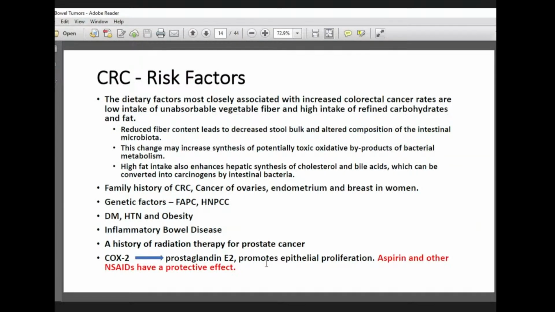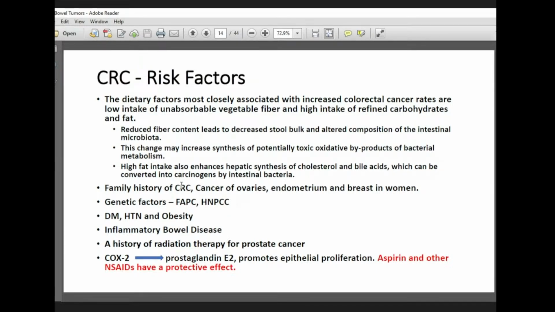And second, they have reduced bulk of the stool. The higher the bulk of the stool, the less this material stays in contact with the intestinal mucosa, and that will lead to cell injury and alteration, and that will lead a cell to go into neoplastic transformation.